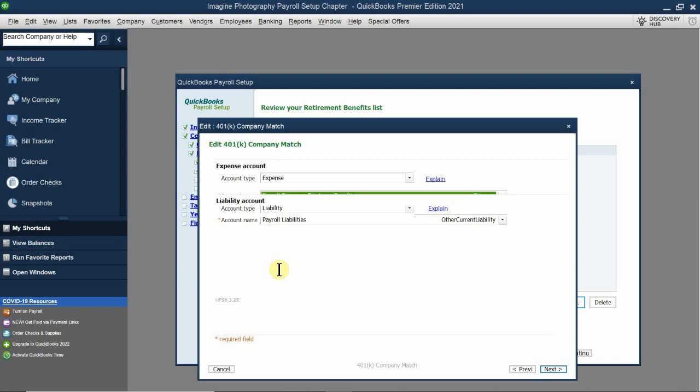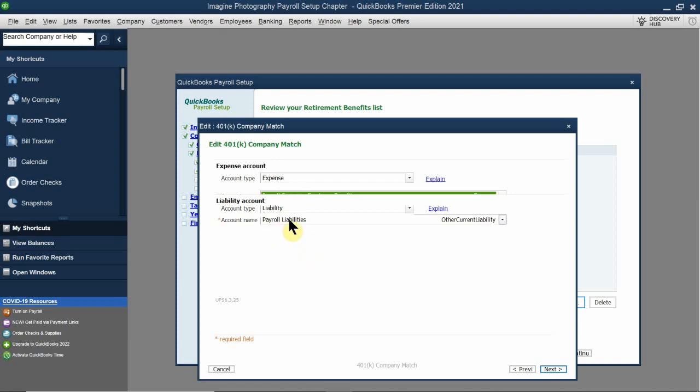But in this case, it becomes a liability because even though we don't technically have to pay Merrill Lynch every single time we do payroll, right? We can save it up till the end of the month and pay Merrill Lynch then. So then this becomes a liability because I'm collecting money from the employee to hold on to until I make a payment to put into their personal 401k plans.